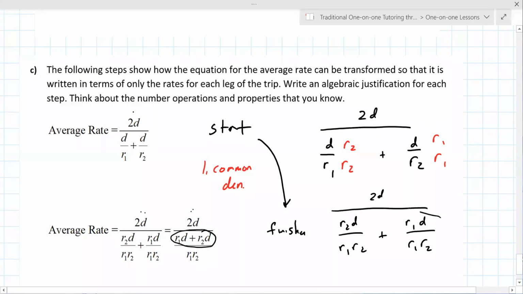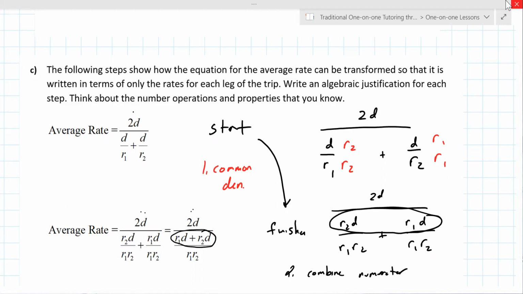They're combining these numerators also. So that's maybe the second thing here: you can say combine numerators. I've seen this before and always had a hard time explaining it. Yeah, there's quite a bit happening here.